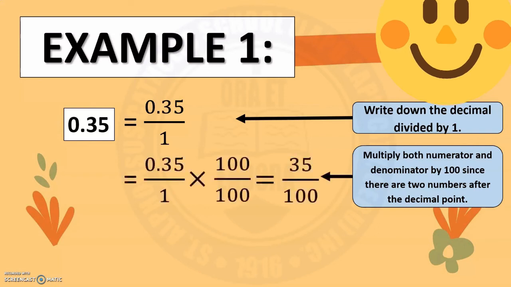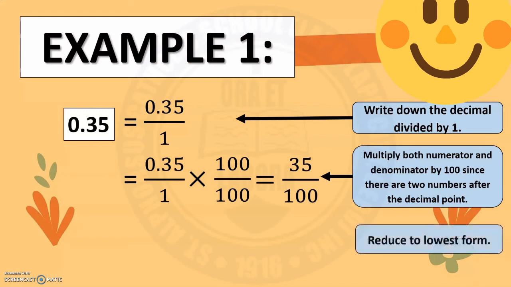So it will become 35 over 100, because 0.35 times 100 is equal to 35, and 1 times 100 is equal to 100.